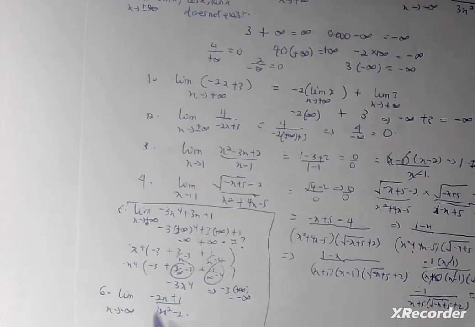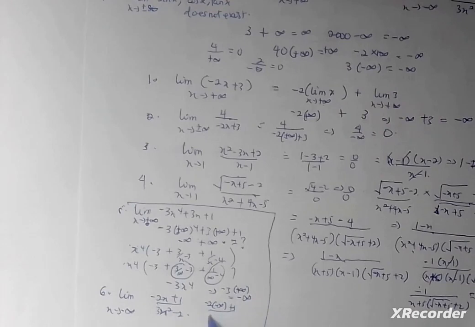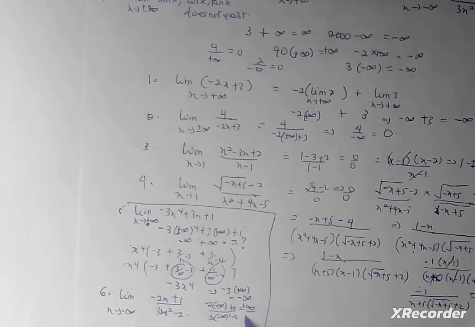So here, when I put the negative infinity up there, I'm going to get positive infinity. So negative 2 times negative infinity plus 1 all over 3 times negative infinity all squared minus 2. So the resulting solution will be positive infinity all over positive infinity, and that is also indeterminate. Infinity over infinity is indeterminate.